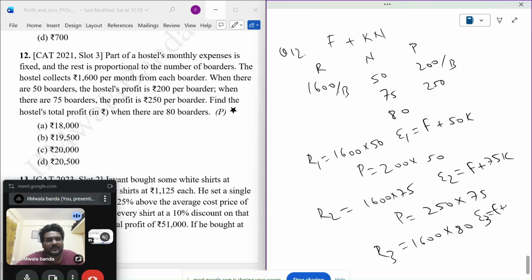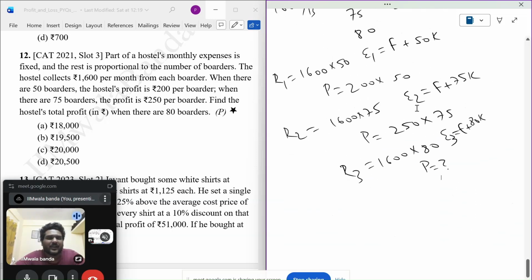Expenditure is fixed plus 80k. And I need to find the profit. Let's say it is X, into 80. So I need to find total profit when there are 80. So I need not X, I need 80X. I need total profit.